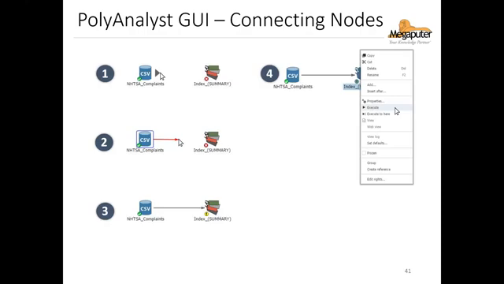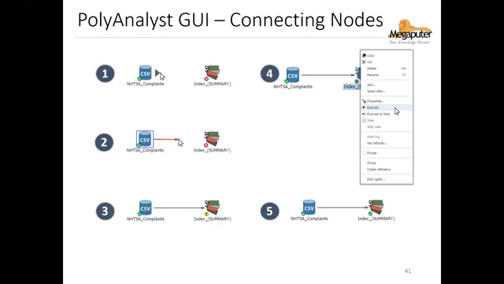If you want a little more control over how many nodes are executed at that time, you can instead choose the execute to here option from the pop-up menu.